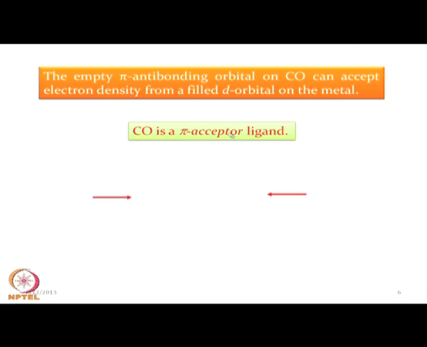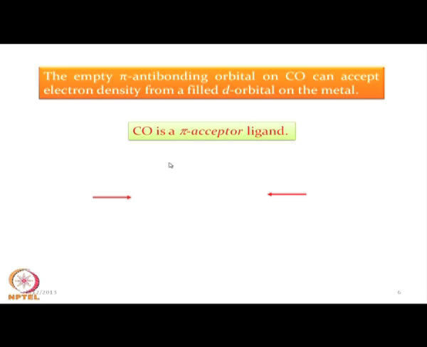It is the strongest one, though it does not have any charge that can be utilized for donation of electronic charge to the metal orbital. The only thing is that it has a symmetry adapted pi acceptor orbital available for the acceptance of electron density.